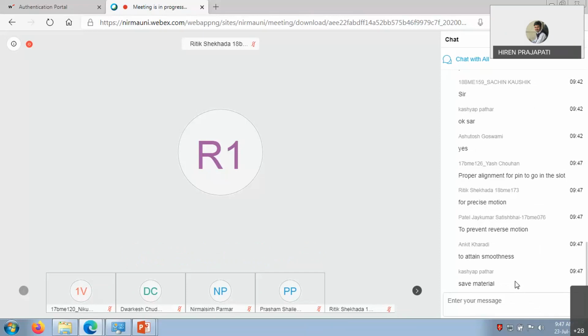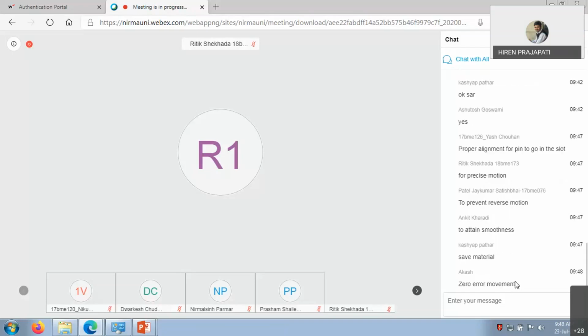Please give your views so that I can address it properly. I got a few responses. If I call out those responses: proper alignment for the pin to go into the slot, this is one. For precise motion, this is second. To prevent reverse motion, to attain smoothness, save material, zero error movement.